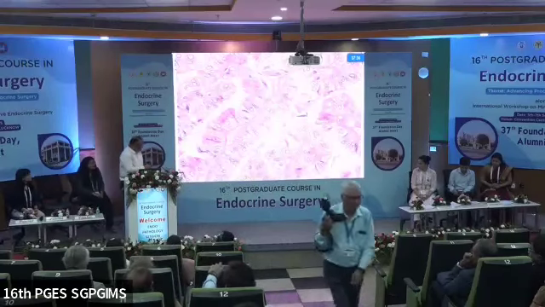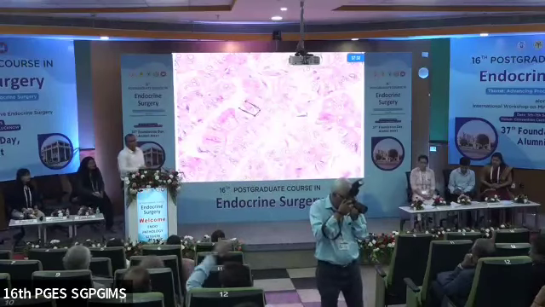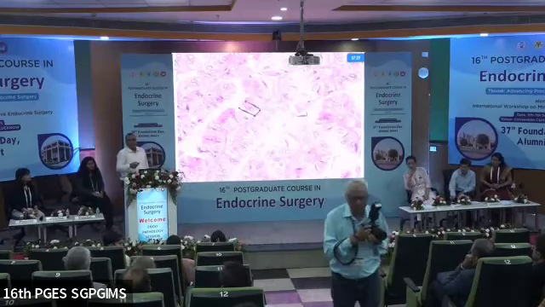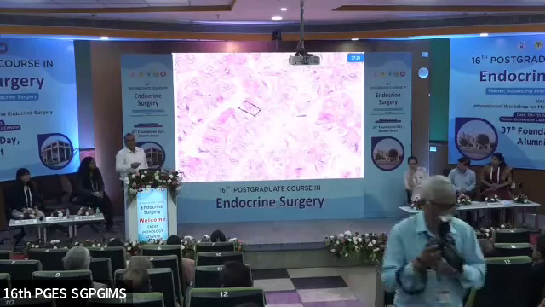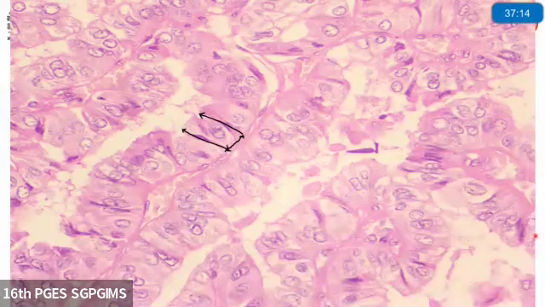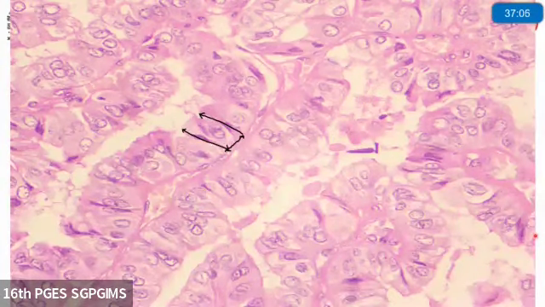And a tall cell is a type of columnar-like cell whose height is more than 3 times the width of the tumor cell. I think we can take questions once the case discussion is over. This is the width of the tumor cell and this is the length of the tumor cell, and the length of the tumor cells is more than 3 times the width. Hence, a diagnosis of tall cell variant PTC was given in this case.